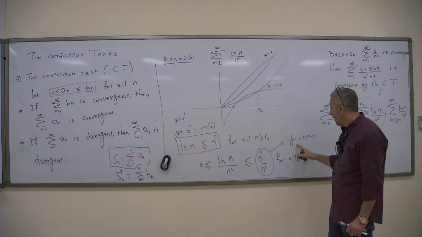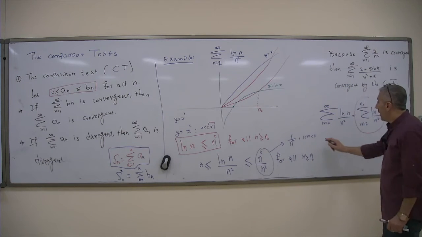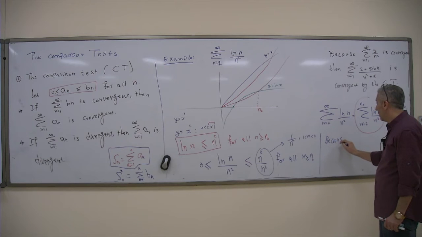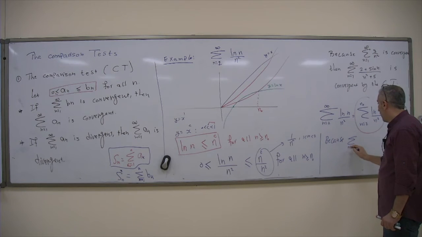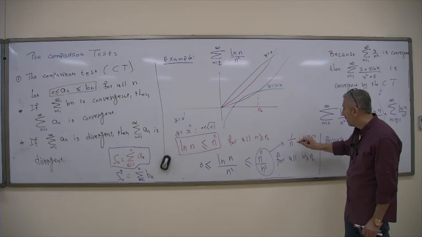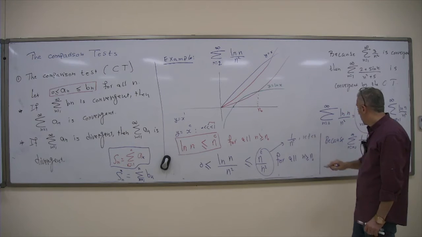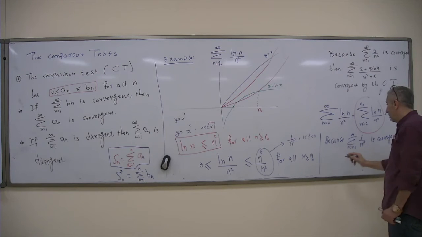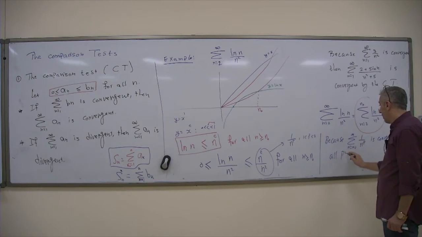Correct? But in this case, we can use the fact that the summation n from n0 to infinity of 1 over n exponent p, maybe I better use p here, is convergent for all p larger than 1.